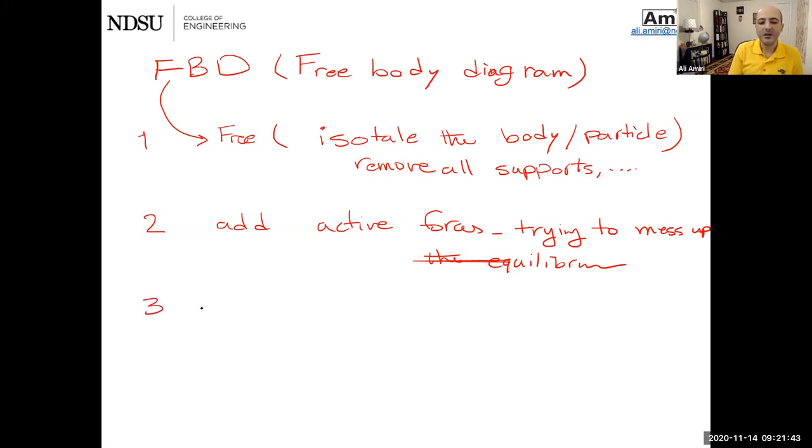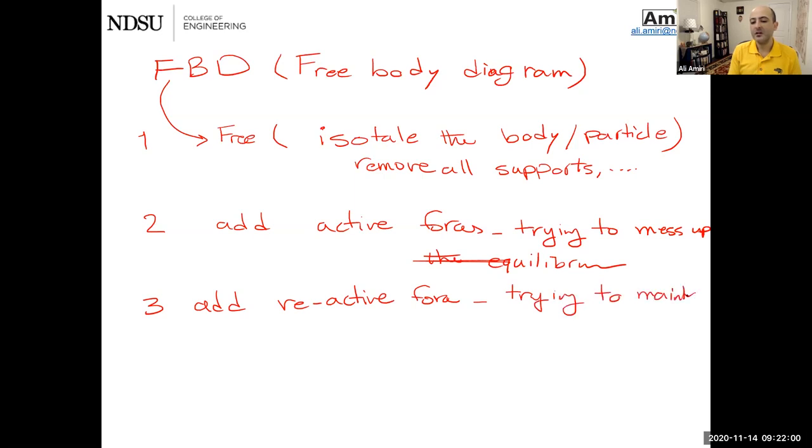Step 3 is to add reactive forces. Those are the forces that are trying to stop the active forces, trying to maintain the equilibrium. Okay? Step 3 is when you deal with a lot of supports and all of that.